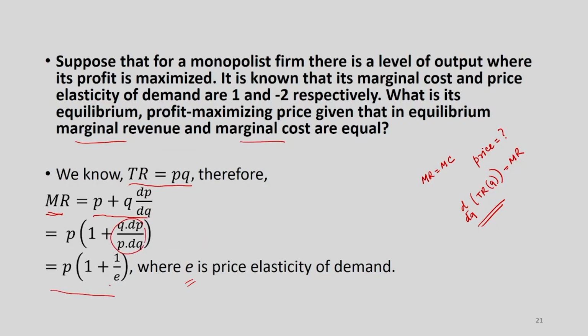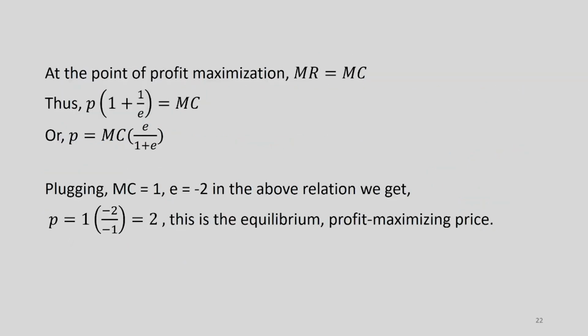Okay. So, that is why I have written this as 1 divided by e. So, the upshot of this small exercise is that marginal revenue is equal to price multiplied by 1 plus 1 divided by e. Alright. Now, that is just one step.